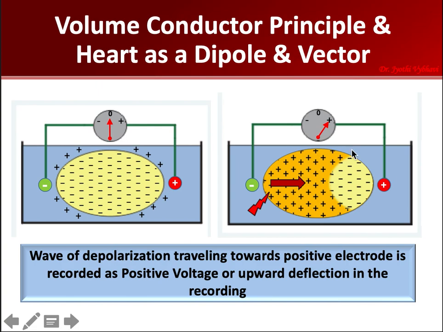So this is about the volume conductor principle and how the wave of depolarization produces a dipole; the heart acts as a dipole, and this can be represented as a vector.